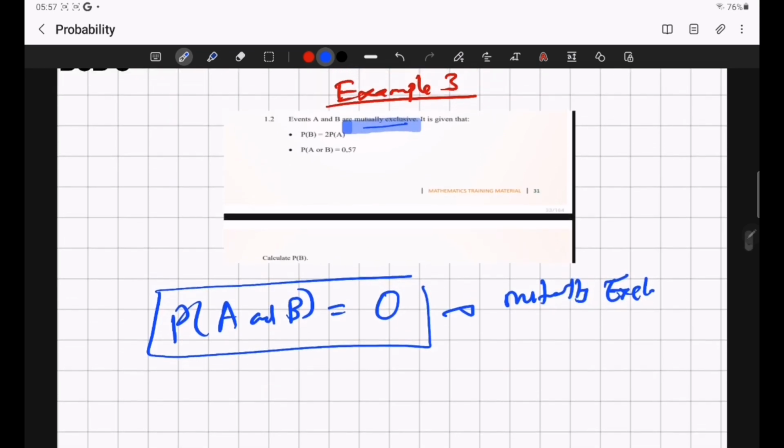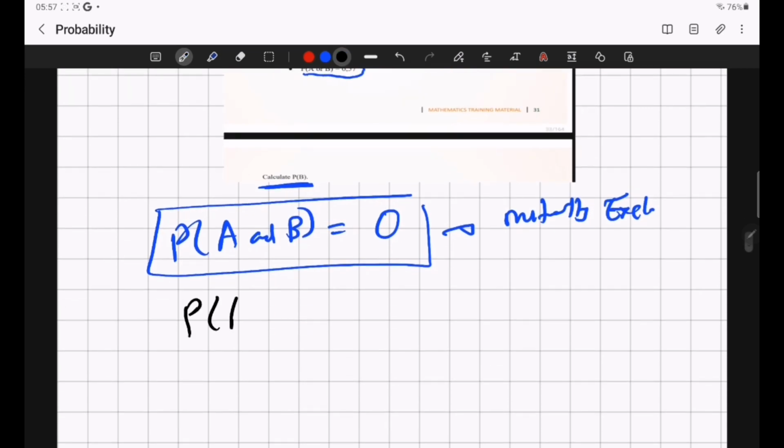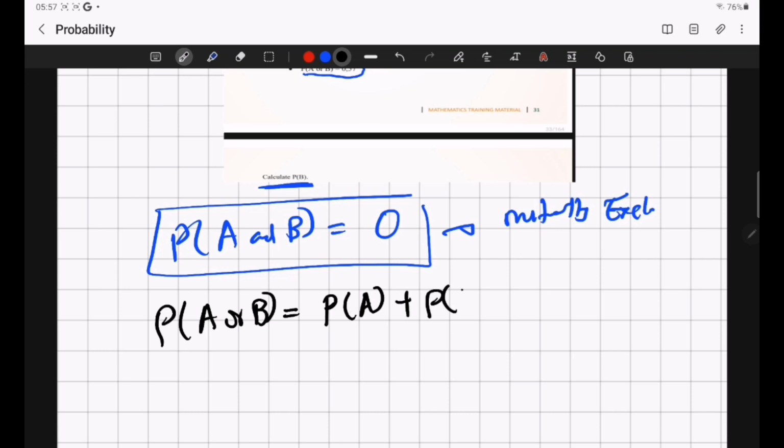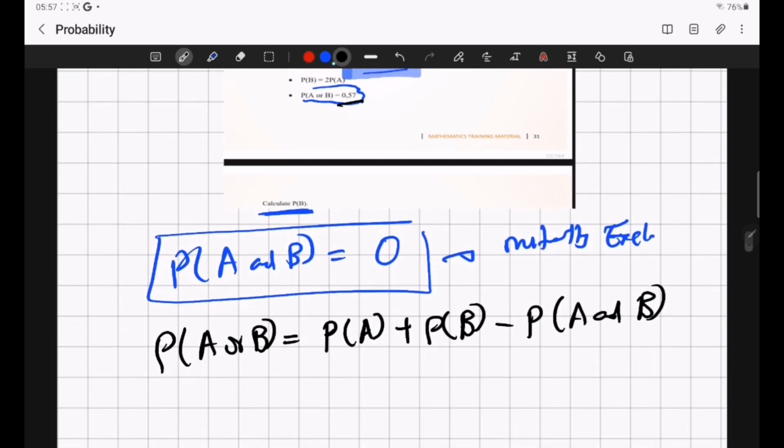So we want to find the probability of B. When you see probability of A or B, think about your addition rule formula. You're going to need to use that one. Probability of A or B is equal to probability of A plus probability of B minus probability of A and B. Substitute: probability of A or B is 0.57.